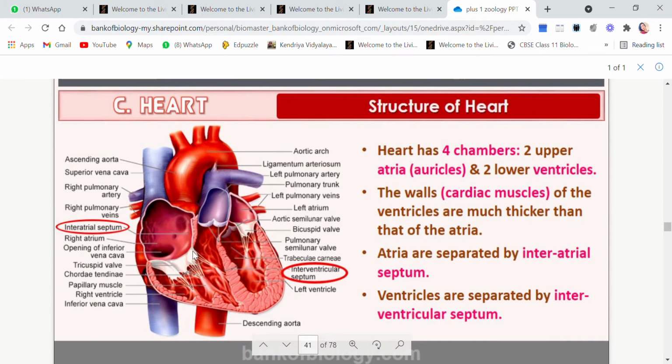Similarly, the two ventricles are also separated by interventricular septum. You see, this is interventricular septum. So two auricles are separated by interauricular septum or interatrial septum, and two ventricles are separated by interventricular septum.